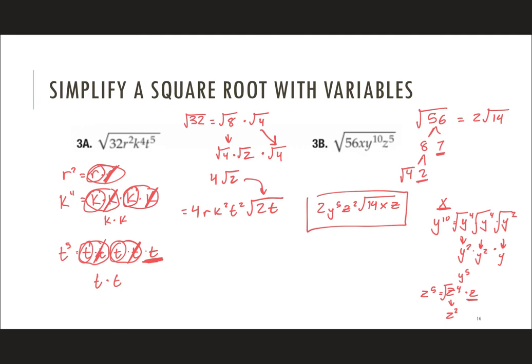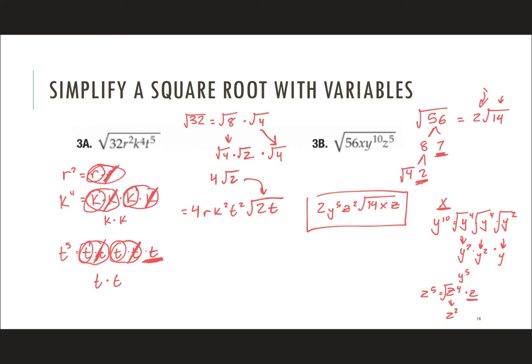I think a lot of us are maybe more familiar with the factor tree, but just so that you can see both strategies. And I found that there's a 4. Square root of 4 is 2. But then there's this other 2 and this other 7 that are stuck inside. And that's how you get the square root of 14 on the inside.